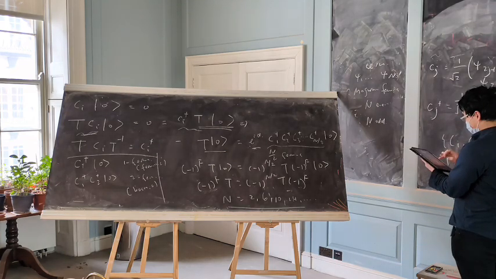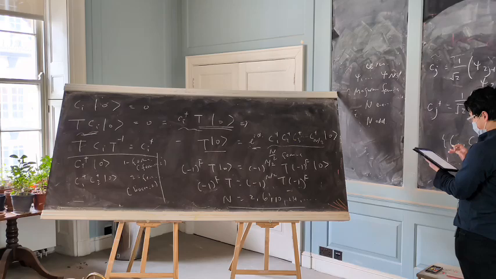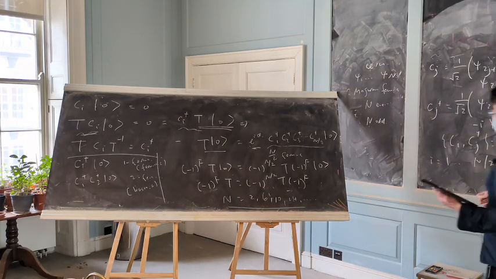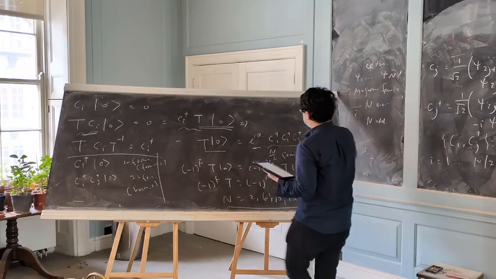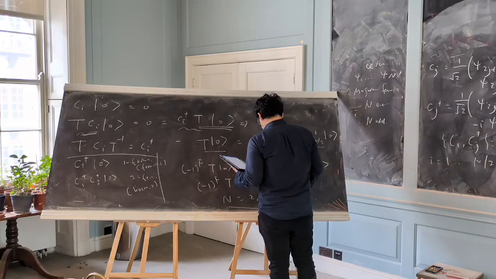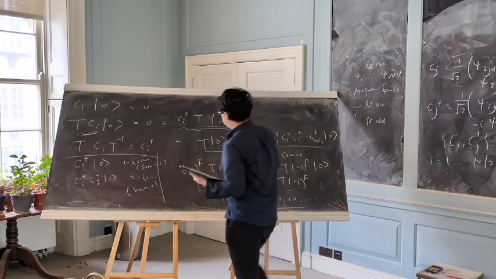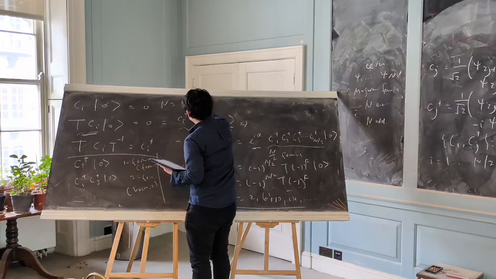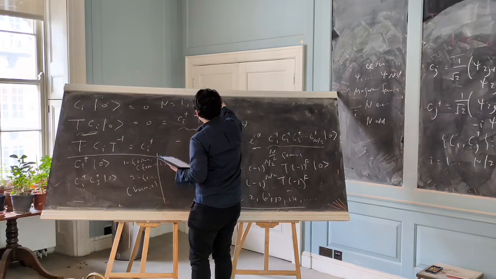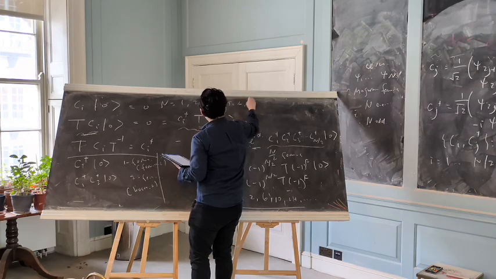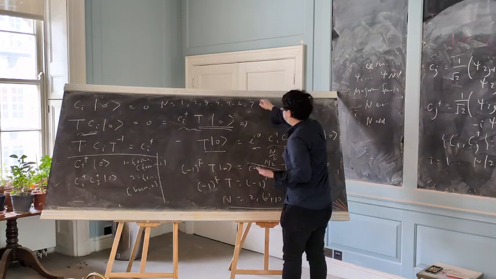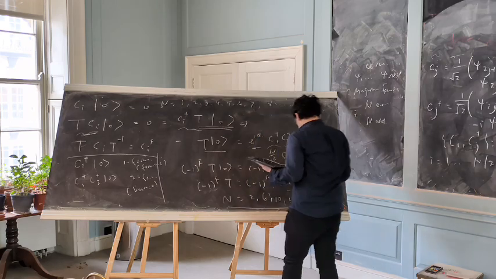So let's see. Okay. I'm going to make a table. So here, let me start with n equal to 1, 2, 3, 4, 5, 6, 7, etc. Okay.